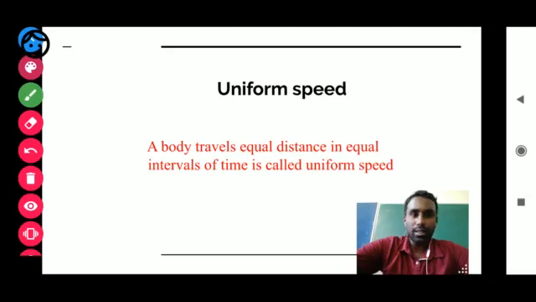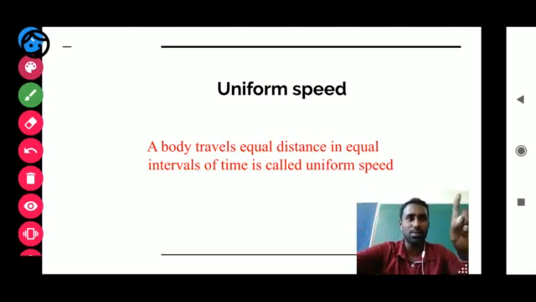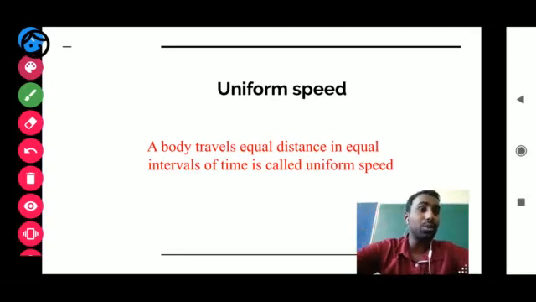Can you please give an example of uniform speed or uniform motion? Daily you are seeing one thing, what is that? The clock, the watch needle, it is going at uniform speed. It covers equal distance in equal intervals of time. For 1 second this much, and this much, and this much, likewise it will go. That's called uniform speed.